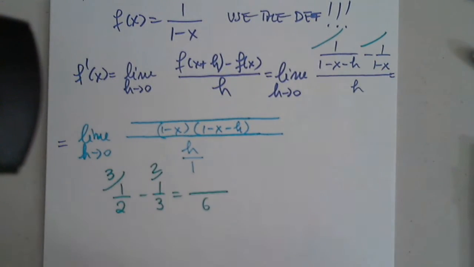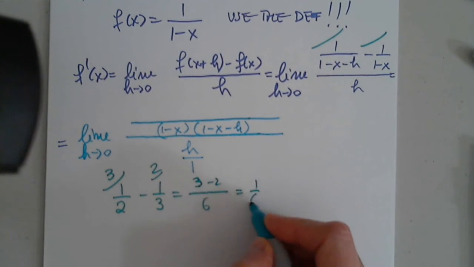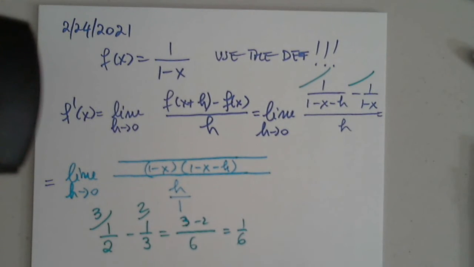So that's why we need to multiply the top by 2. So now what is the numerator? Yes, so I have to write 3 minus 2. So this is 1/6. Same concept here. It looks different, of course, because of x, the variable, and h, but it's the same concept.